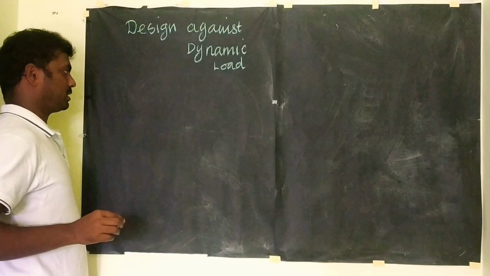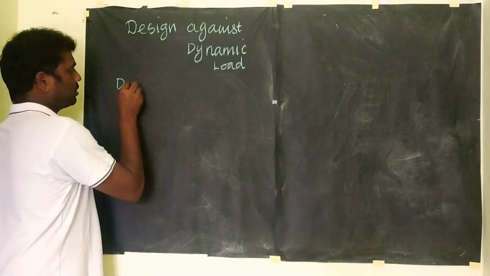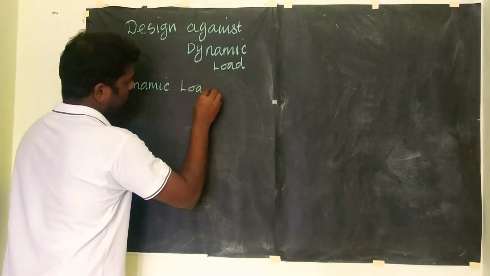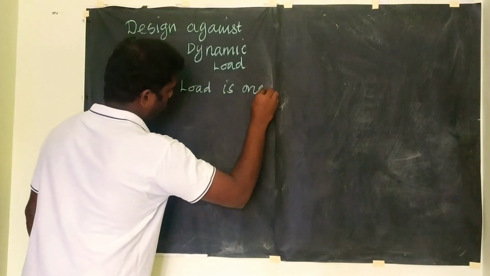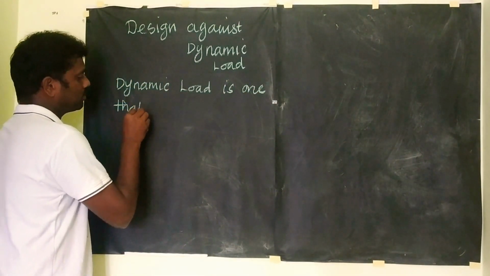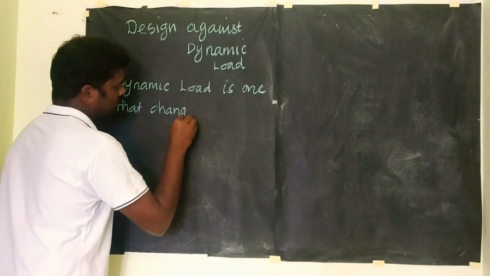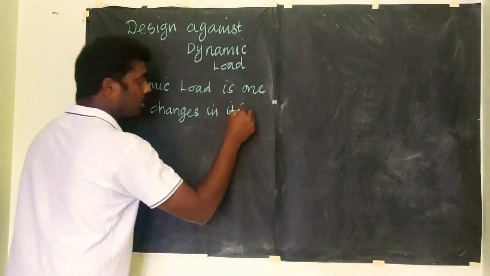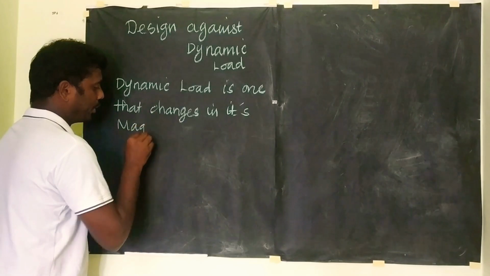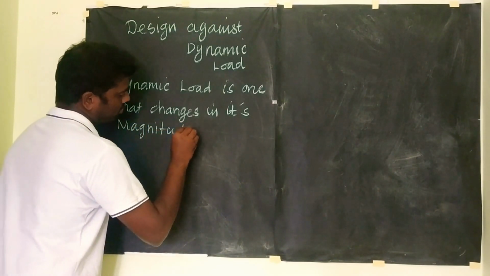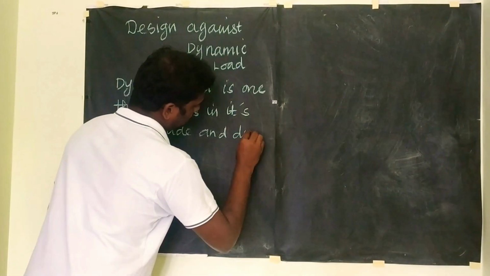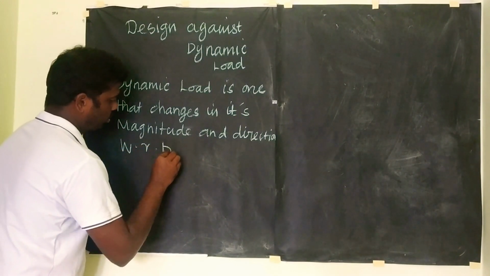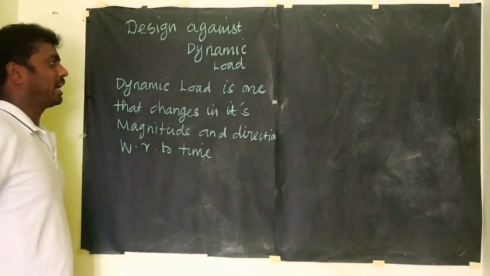The definition is that dynamic load is one that changes in its magnitude and direction with respect to time is known as dynamic load.